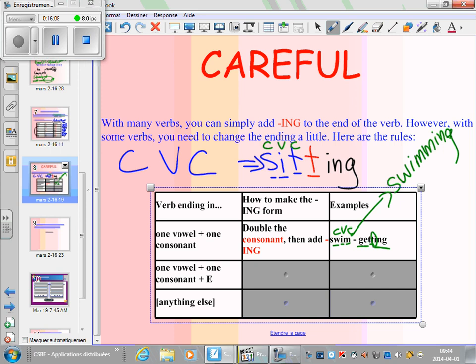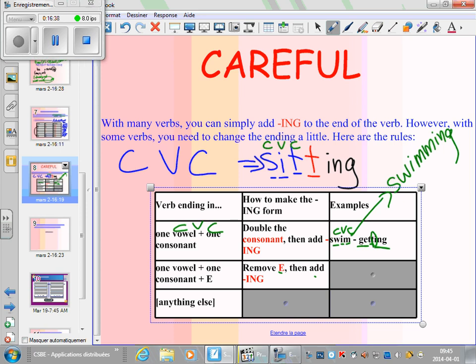So again, this is the rule. One vowel plus one consonant plus E. You're supposed to do what with this? Remove the E, then add ing. What does it mean, remove the E? Enlever le E. Then add ing.